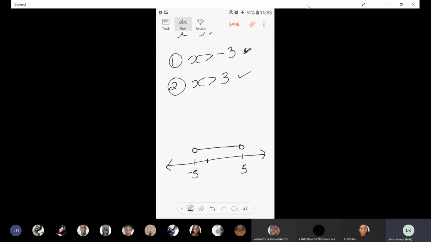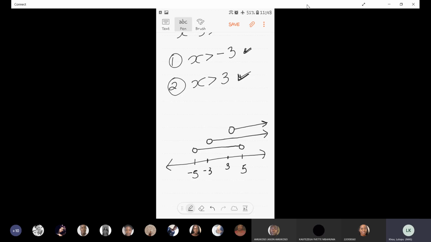Now -3 is somewhere here. So I put an open circle because it is strictly greater than -3, and greater than -3 means I am going to the right of -3. And then the second one, for the logarithm to be defined, we said greater than 3. 3 is somewhere here. Then my circle is open because 3 is not included, and then I go to the right of 3 because I want numbers that are greater than 3.